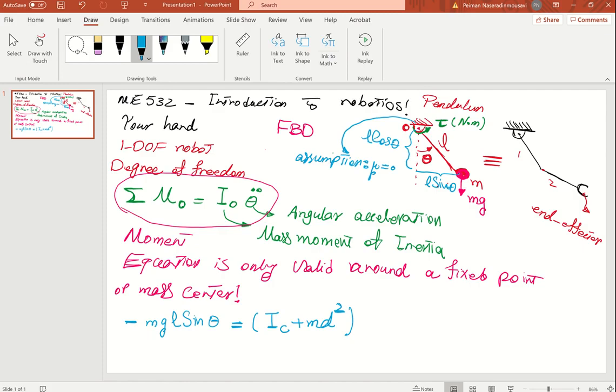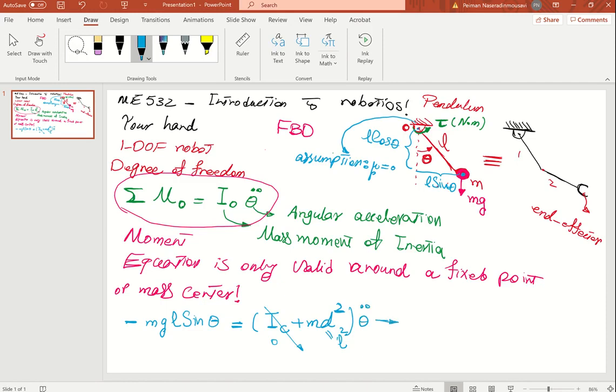Because a particle has no dimension, this IC around the center point is 0, and the d, based on the parallel axis theorem, is the normal distance between the parallel axes, which is L. So d is equal to L, so it's L squared and theta double dot.